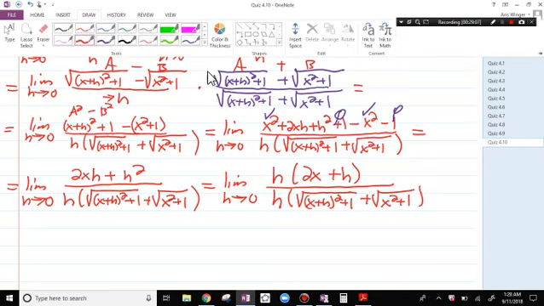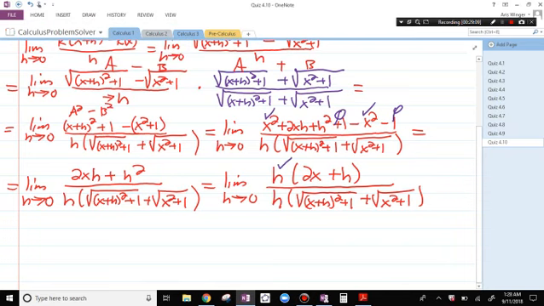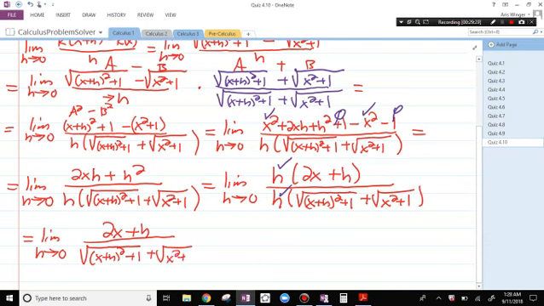These h's cancel, and that leaves us with equal to the limit as h tends to 0 of 2x plus h all over the square root of x plus h squared plus 1 plus the square root of x squared plus 1.